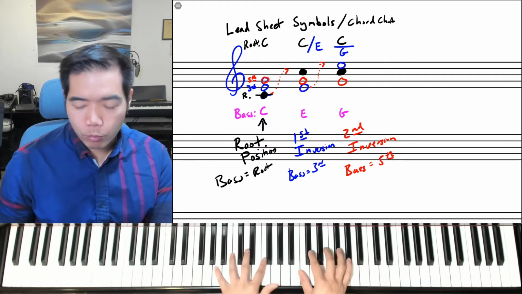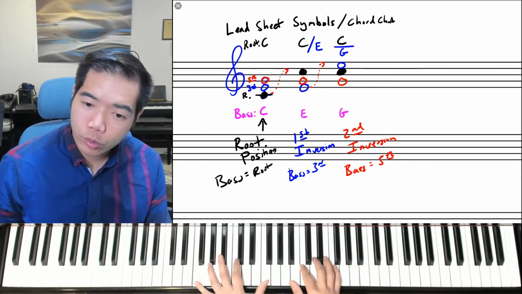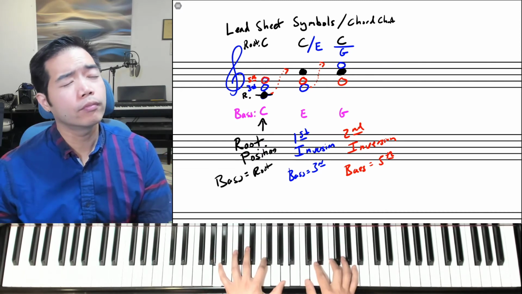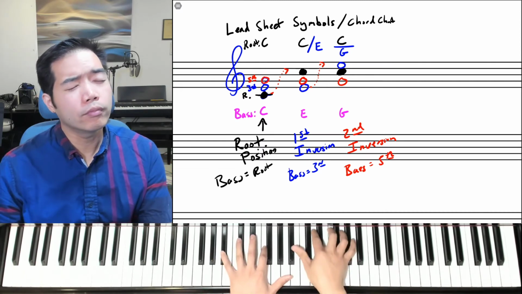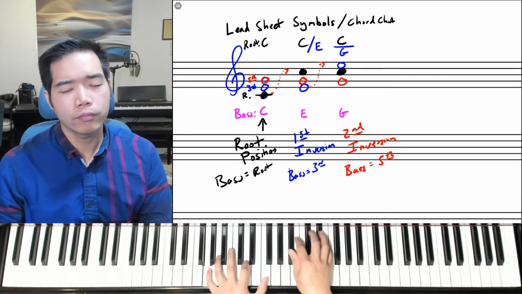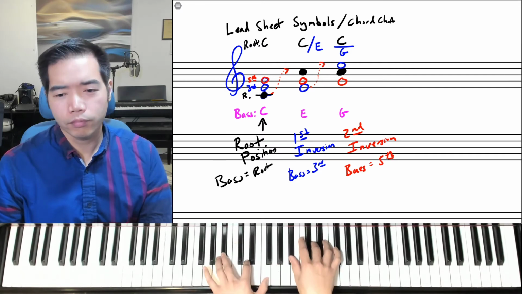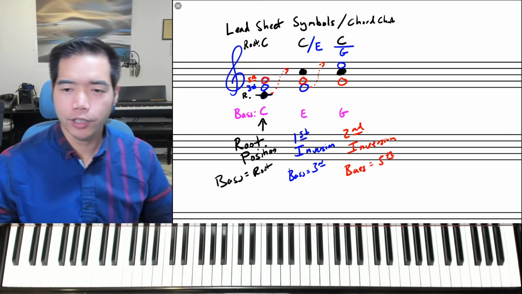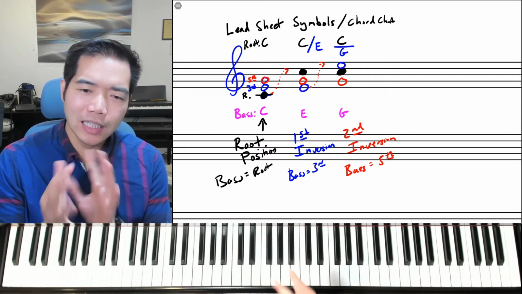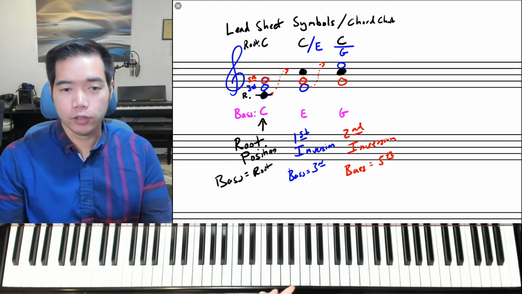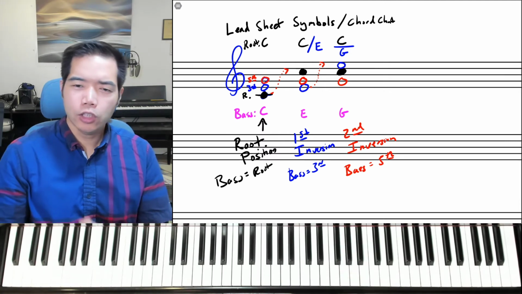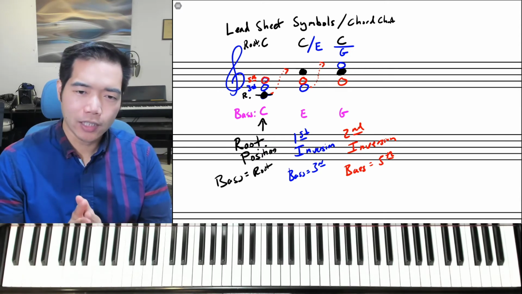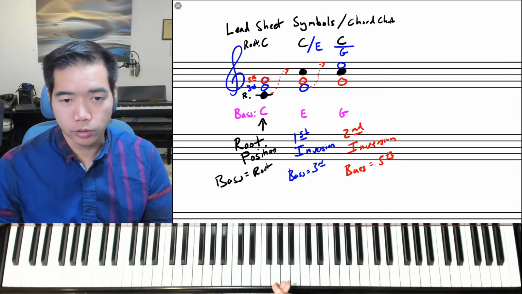Maybe I'll move it up higher, and instead of putting the root in the bass, I'm going to put the third. I'm changing my chords a little bit just to have fun with it. Notice how that completely changed the way the music felt. The primary instigator of that change is the bass note.